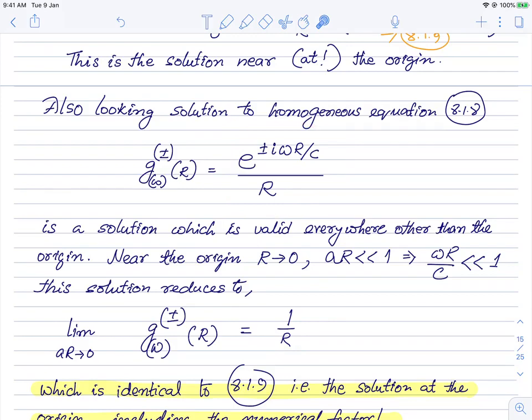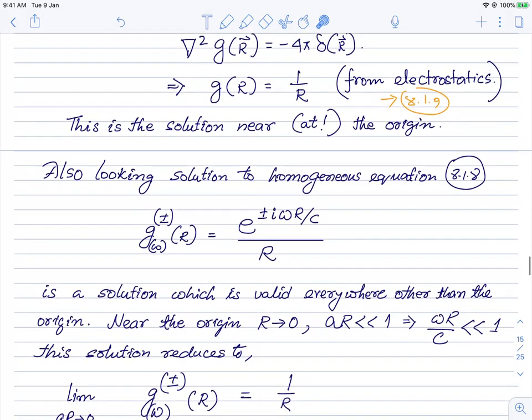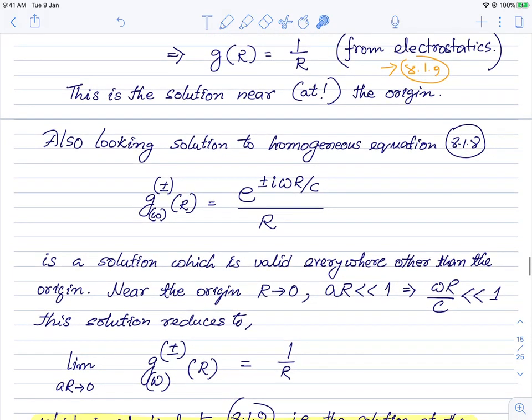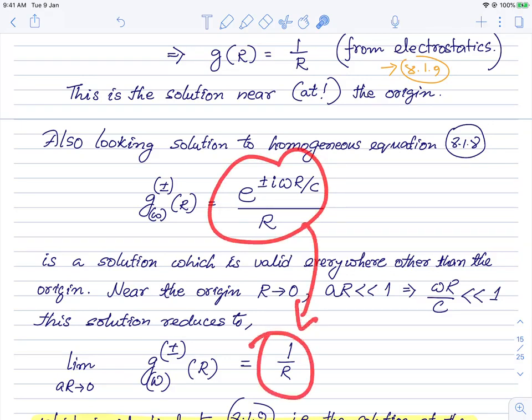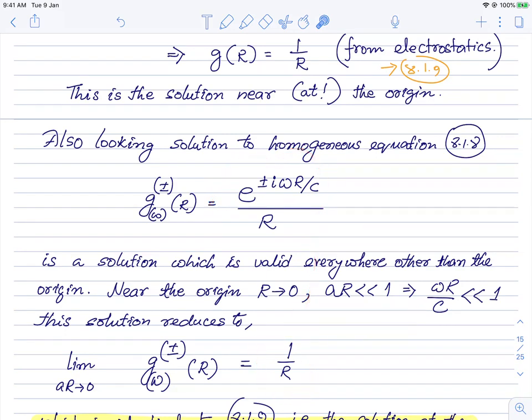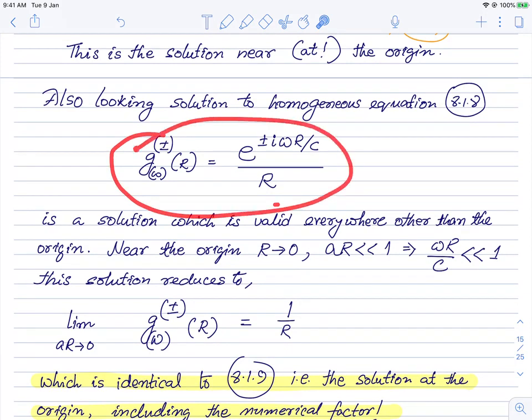The delta function is non-zero only at the origin, in the limiting sense. So this solution reduces to the near-origin solution if we take the omega r tends to 0 limit, and therefore this whole solution is now a valid solution everywhere, away from the origin as well as at the origin.